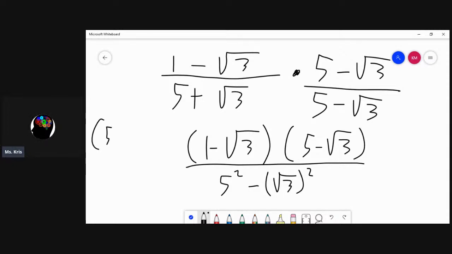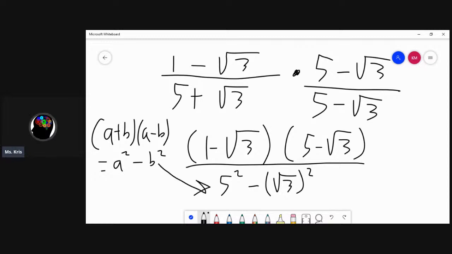Sidebar, in case you forgot what this was, the formula says if A plus B is multiplied to A minus B, then B squared can be subtracted from A squared. That's how I came up with this.